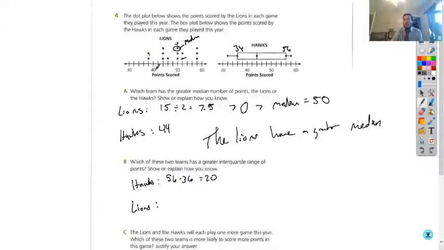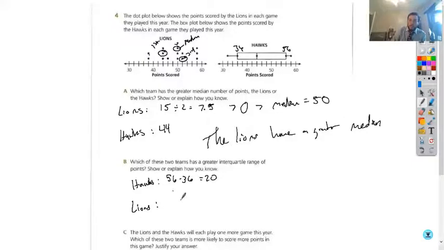So we want to find the middle of each of these sets of data here. So if I have 7, I'm looking for the 4th piece of data here. So if I start at the left, we count 1, 2, 3, 4. So this is going to be our 1st quartile. And then do the same thing from the median here. So 1, 2, 3, 4. So this is going to be our 3rd quartile.